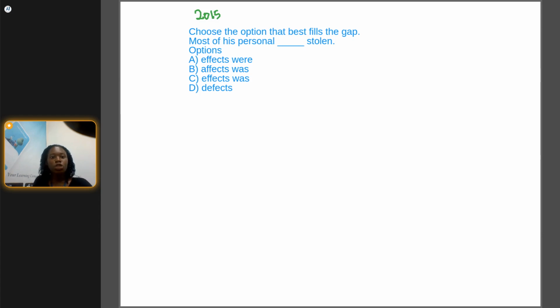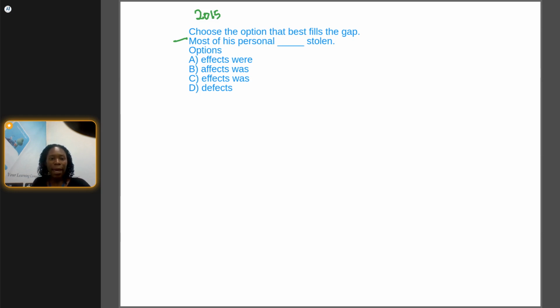Okay, so it says choose the option that best fills the gap. So we have the question: most of his personal dash stolen. All right, so we have 4 options.